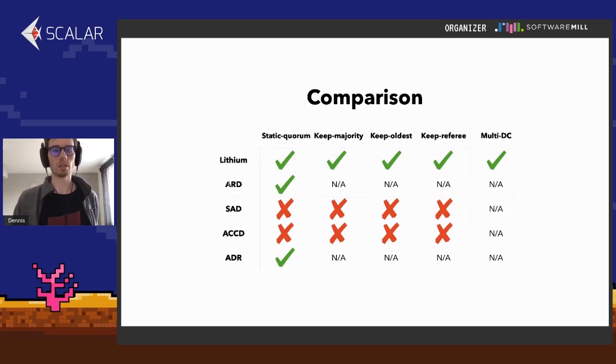We can see that these two are the ones I found that were used in production. They passed the tests. They're the simplest ones, only implementing static quorum. The two other ones that are fairly complicated fail all of them, mostly because they don't handle indirectly connected nodes.